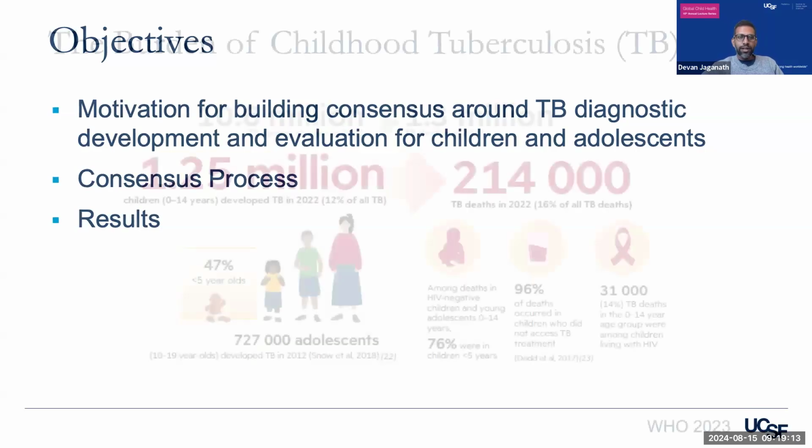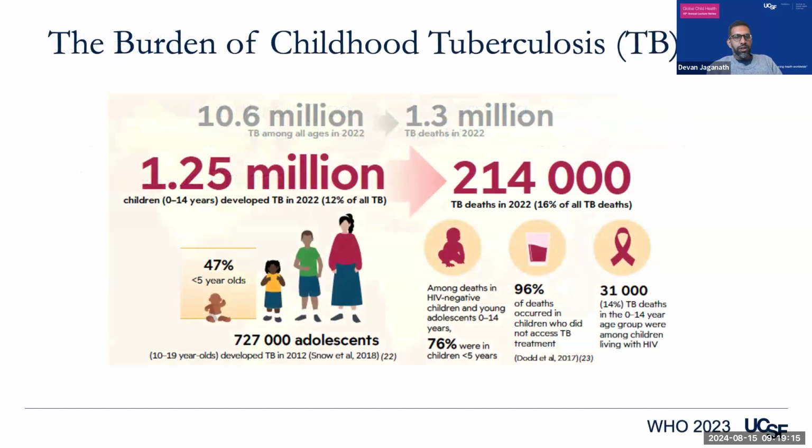So just to get everyone on the same page about tuberculosis: this is an infectious disease, and TB is the leading infectious disease killer globally, and within children, it still plays a substantial burden. Of the almost 11 million individuals each year that develop TB, about 12%, or about 1.2 million, are children less than 15.